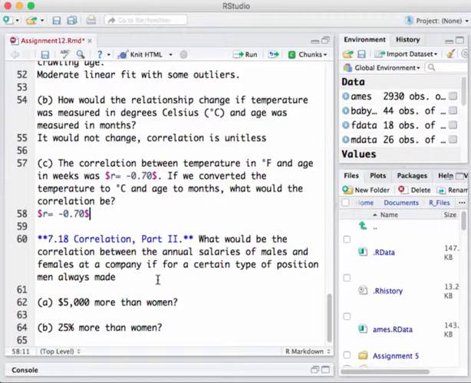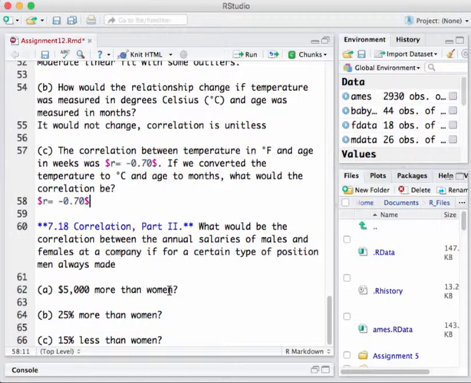All right, let's switch on now down to the last problem for this lab, which is 718, correlation coefficient part 2. In this activity, they're asking us what the correlation coefficient would be between the annual salary of males and females at a company if for a certain type of position men always made, and this is the tricky word, always, $5,000 more than women.